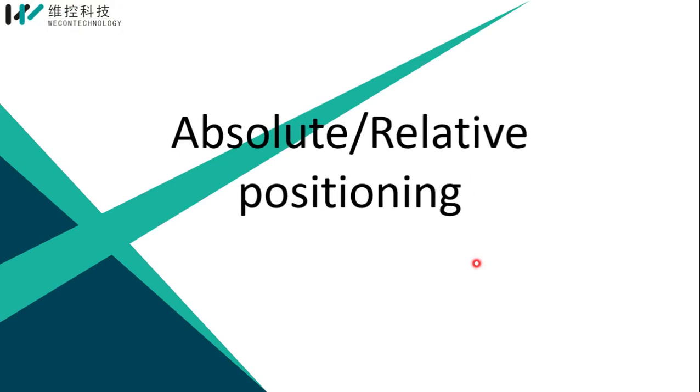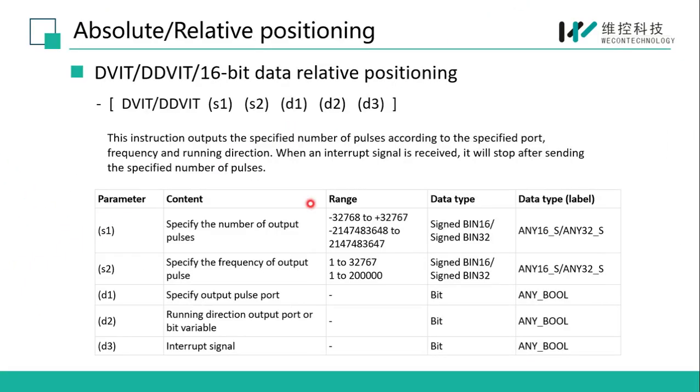Okay, let's move to the absolute and the relative positioning. The first is about the DVIT and DDVIT instructions. This instruction will output a specific number of passes when the interrupt signal is received, and then it will stop.